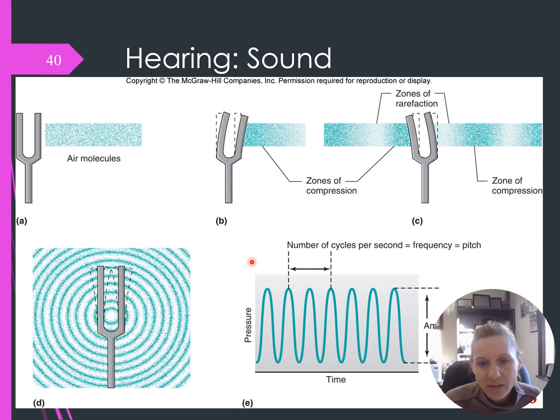So the height or the amplitude of these waves determines how loud someone is. And the frequency of those waves will determine the pitch. If it's high pitched versus low pitched, high pitched is going to have a high frequency and low pitch is going to have a low frequency.